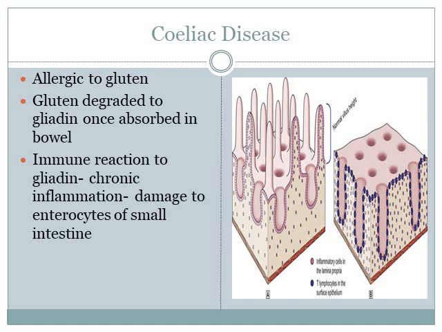Okay, so the gluten will be broken down into gliadin, and that's what is absorbed into the bowel, and then that causes an autoimmune response, if you will, which ends up in causing chronic inflammation and damage to those enterocytes. Okay, the enterocytes that are found all over the villi themselves.